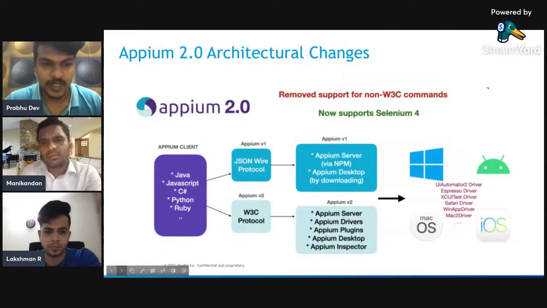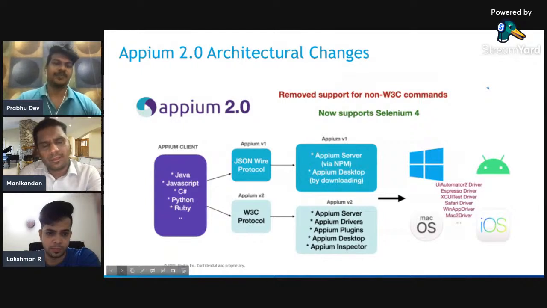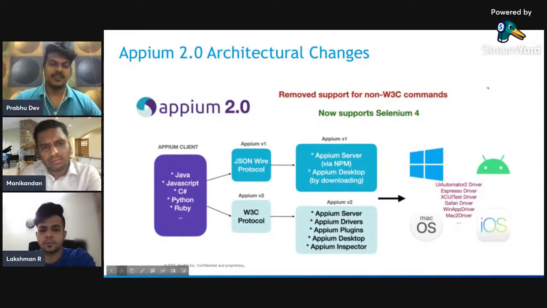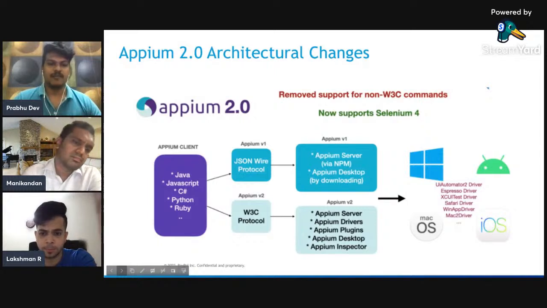So this is the architectural diagram of 1.0 versus 2.0. I think Lakshman explained the 1.0 architecture better, so we are going to see 2.0. From the Appium client, instead of the JSON wire protocol, we connect with the W3C protocol, which integrates with Appium 2.0: the Appium server, drivers, plugins, desktop, and inspector, whichever we require based on our platform level execution.